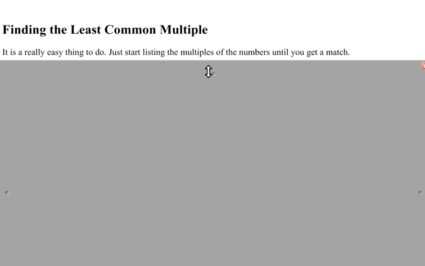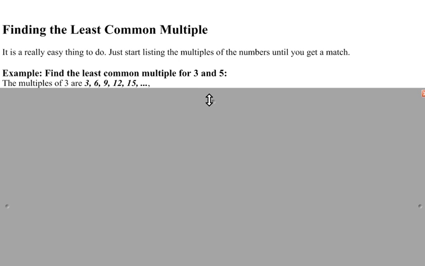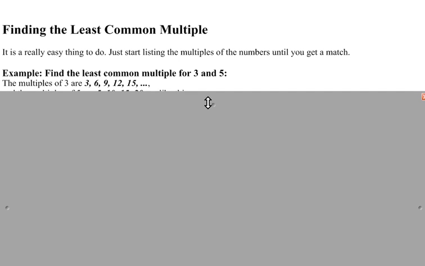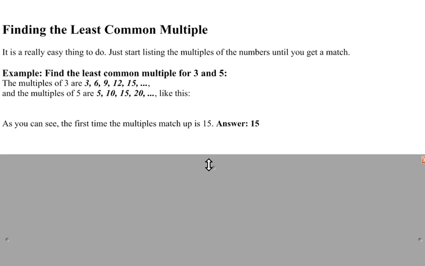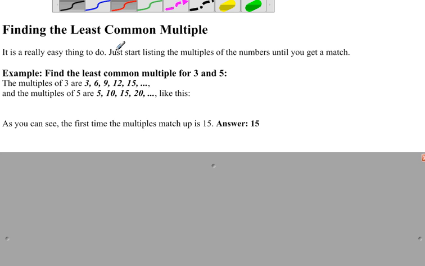You just start listing the multiples of the numbers until you get a match. So if you found the least common multiple of 3 and 5, we'd list all the multiples of 3 and all the multiples of 5. And as you can see, the first time the multiples match up is with 15. So I can even just draw a circle around this.